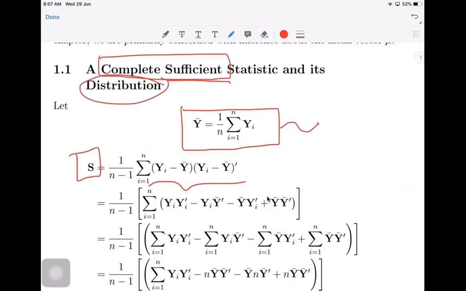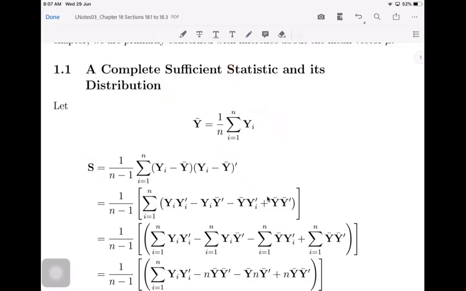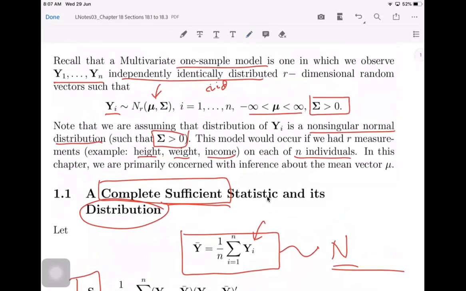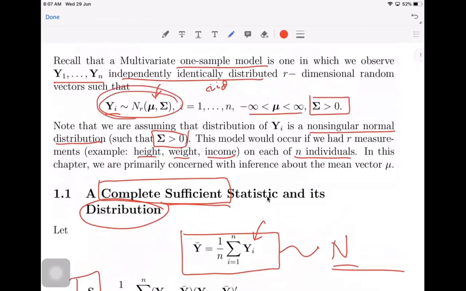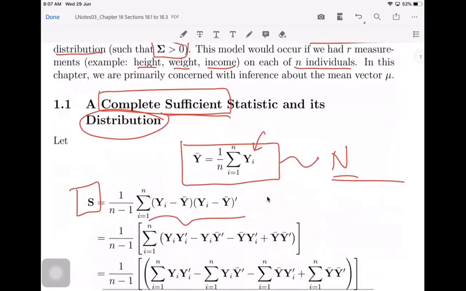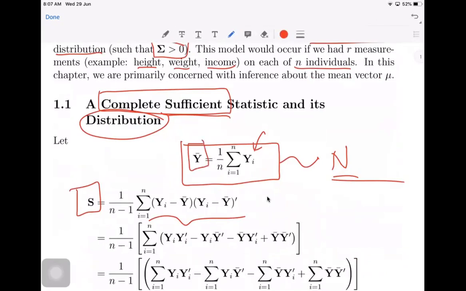So what will be the distribution of y bar? It is normal, given that the yi's are normal by assumption, since y bar is a transformation of the yi divided by n.